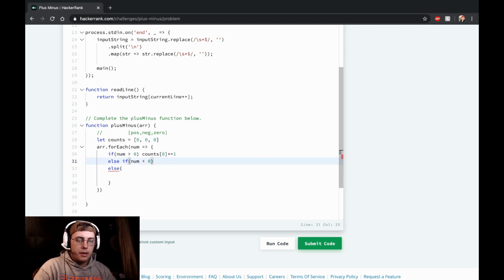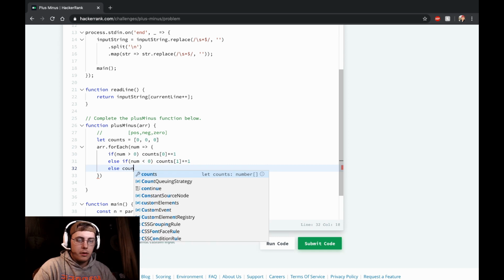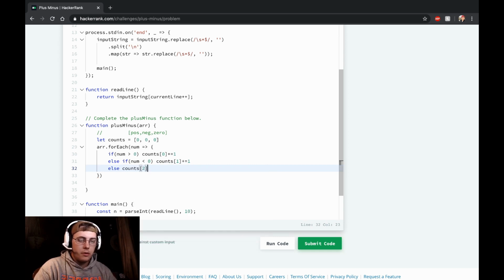If it's less than 0, it's negative, I would say counts[1] plus equals 1, and else counts[2]. Stay consistent here. Plus equals 1.